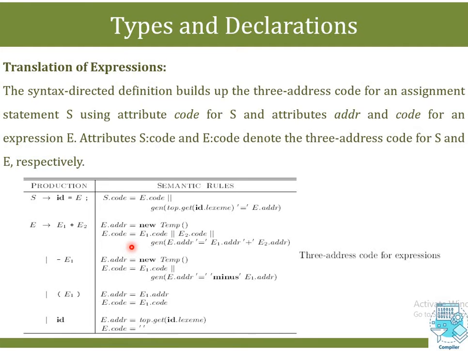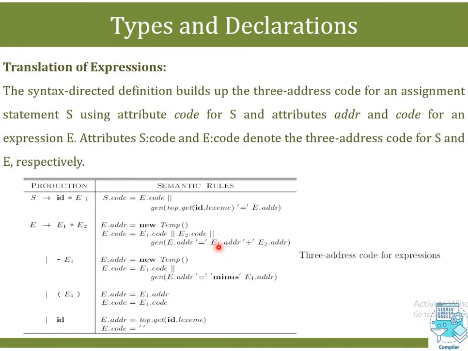Next, what you're doing is E dot code equal to E1 dot code and E2 dot code. Then using this E1 code and also E2 code, you are generating a new code: E dot address equal to E1 dot address plus E2 dot address.